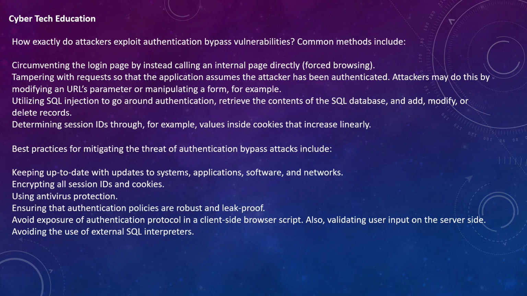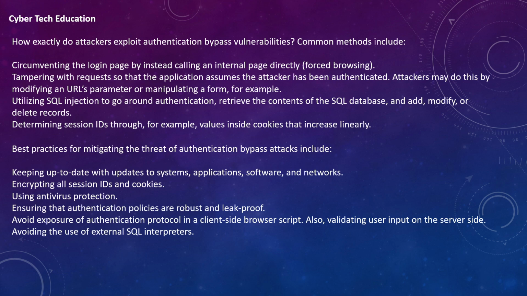Okay, so best practices for mitigating the threat of an authentication bypass attack include keeping up to date with the latest updates to systems, applications, software, and networks, encrypting all session IDs and cookies, and using antivirus protection.